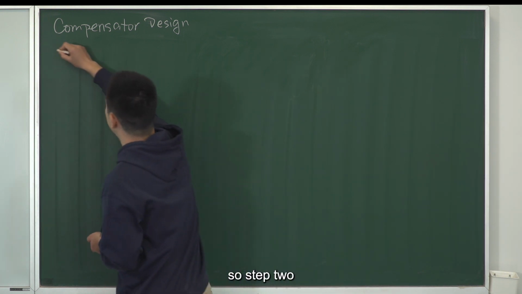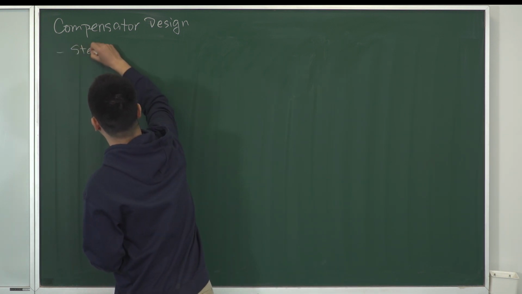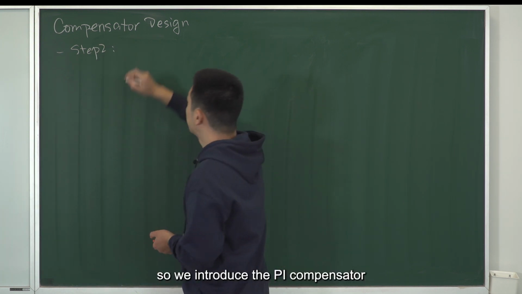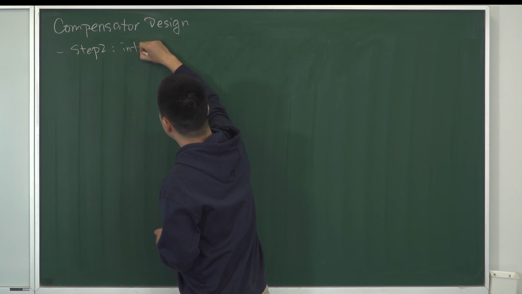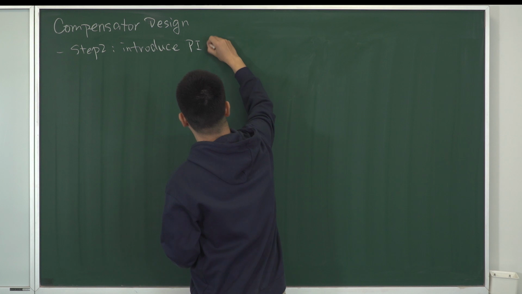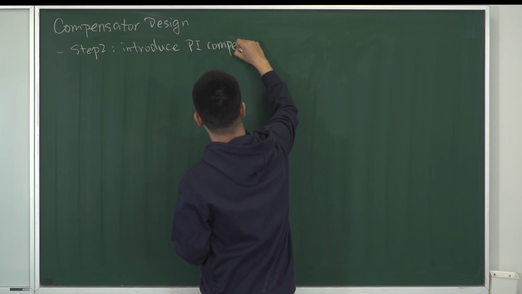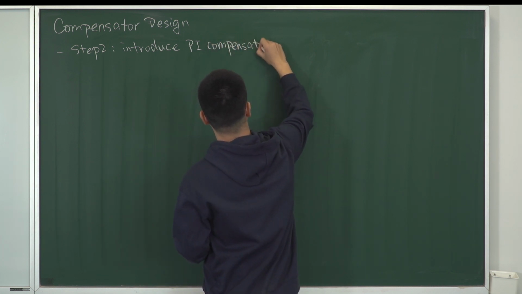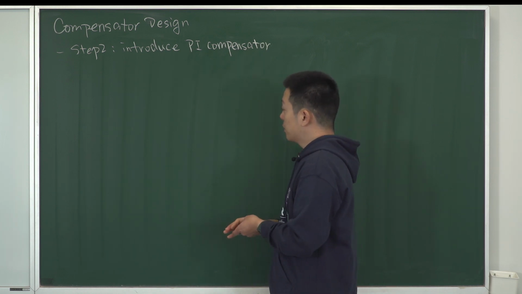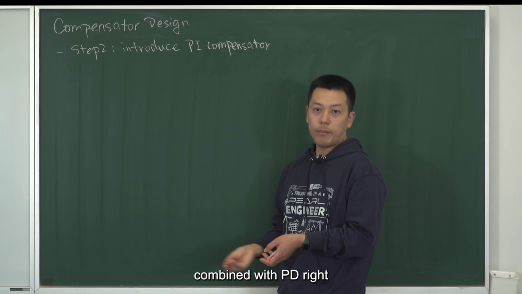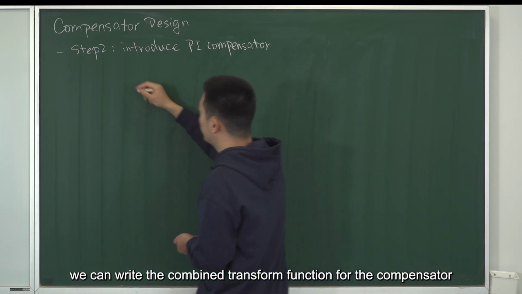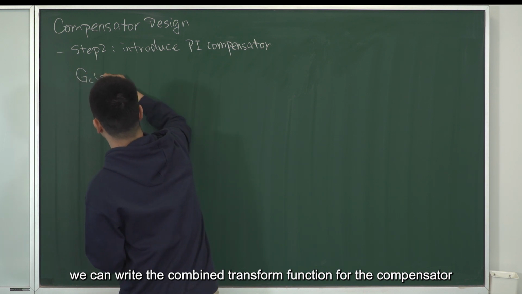So step 2. We introduce the PI compensator. Combined with PD, we can write the combined transfer function for the compensator, Dc(s).